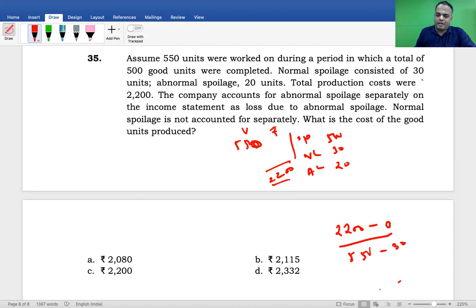Therefore, how much is the cost per unit? 2,200 divided by 520 is 4.23. They ask the total value of the units produced. How many units did you produce? 500 into 4.23 is equal to 2,115. Answer B is correct. Are you able to follow?